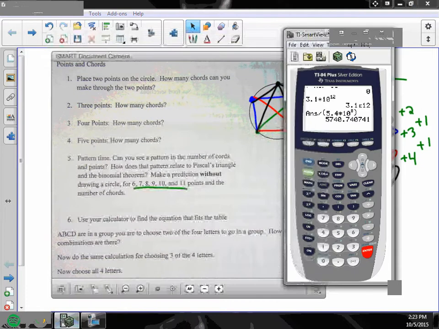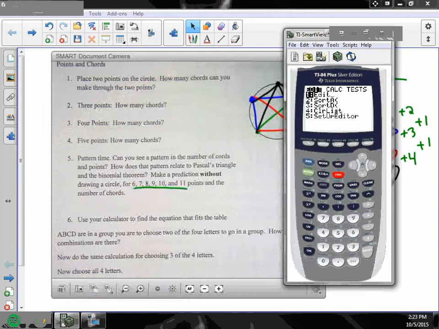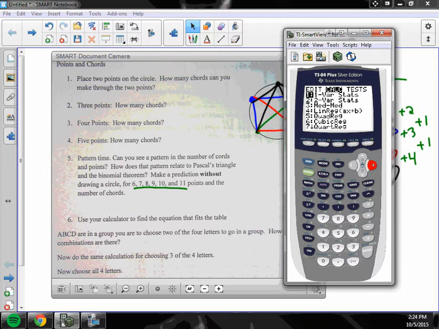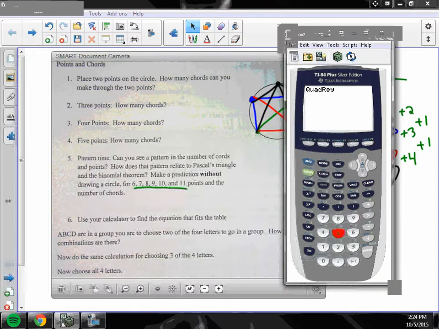So I'm going to go to my calculator. How do I calculate a quadratic equation? Go into Stat, Edit, and I just need any 3 points. So 2, 3, and 4. And then my chords were 1, 3, and was it 6? And then I'm going to do Stat, Calc, Quadratic Regression. Did I teach you how to plug this into your Y1?